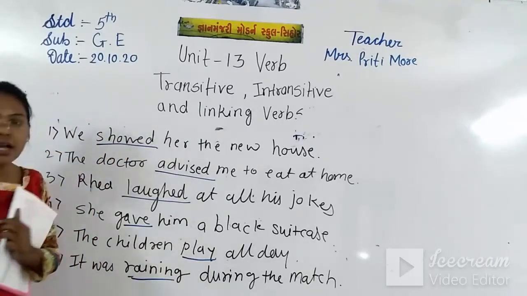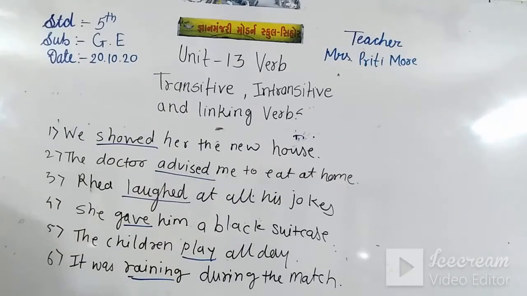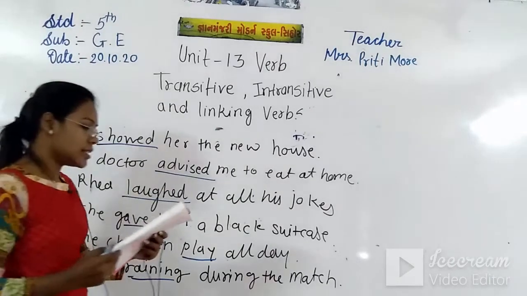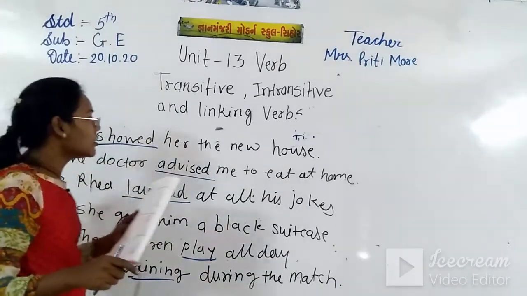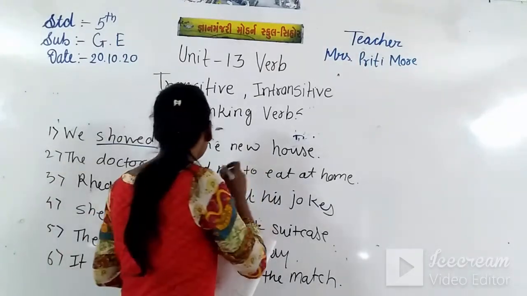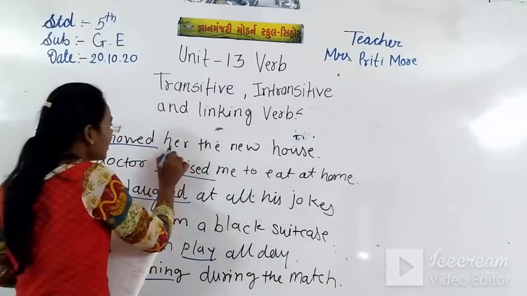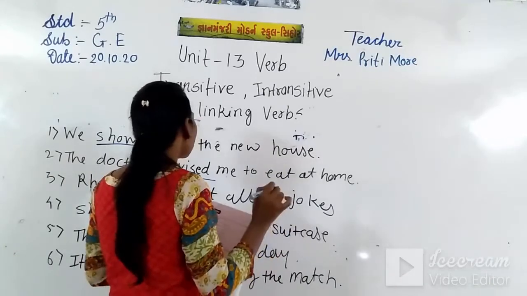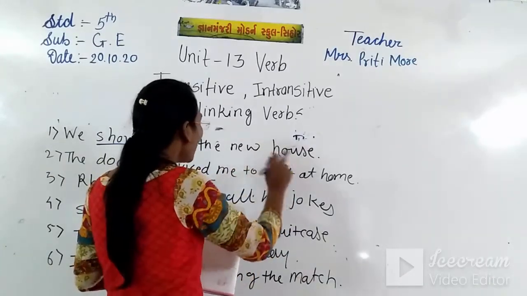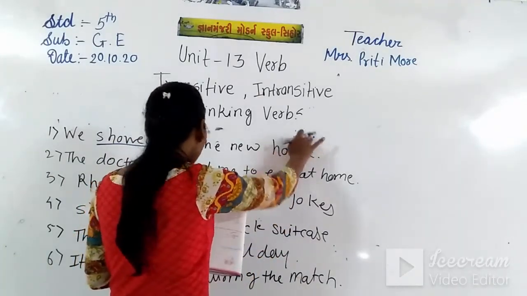Now we just have to identify whether it is transitive or intransitive sentence's verb. So in the first, we showed her the new house. There the object is there, her is the object, and the new house is also the object.